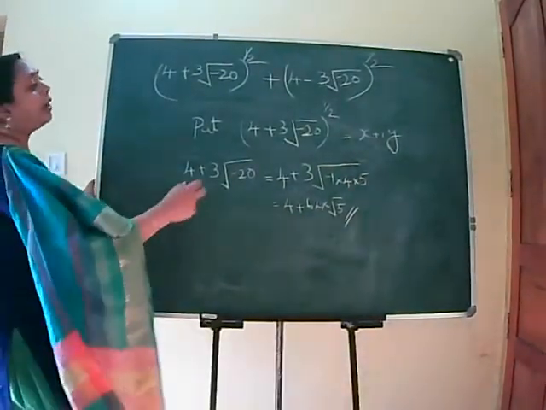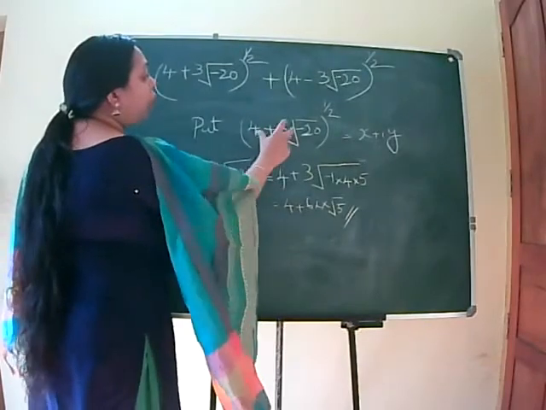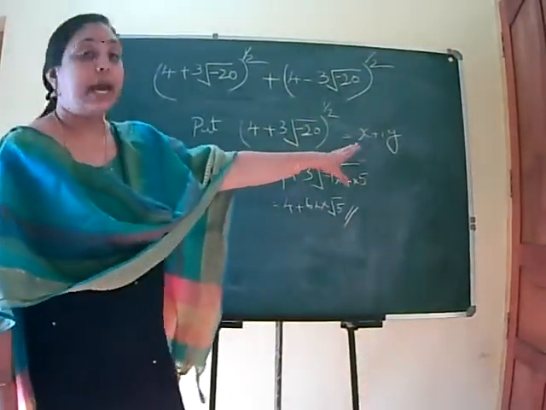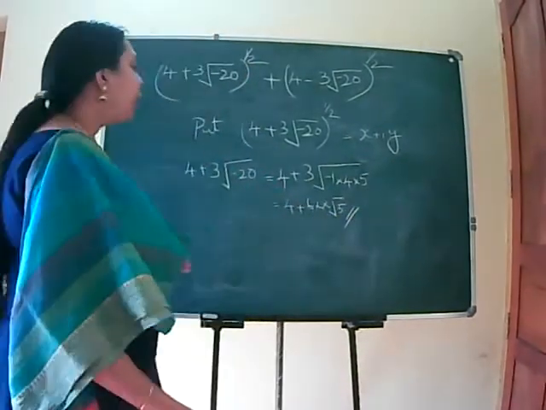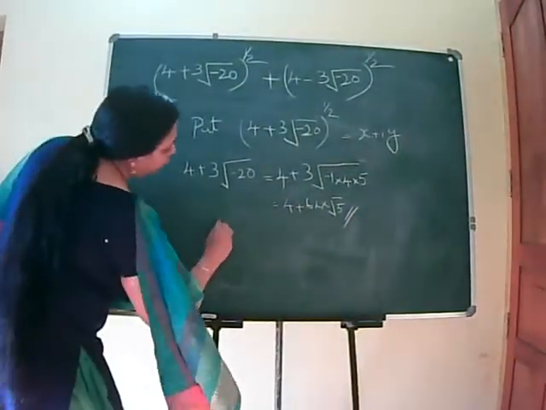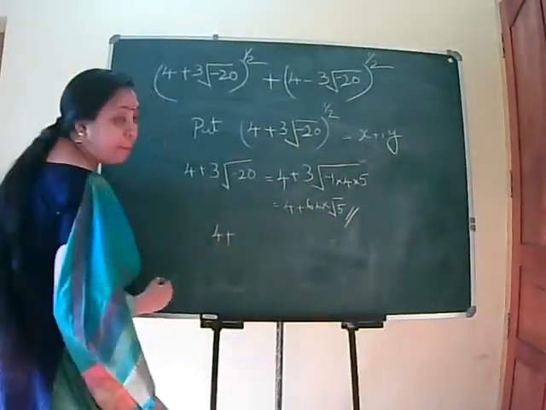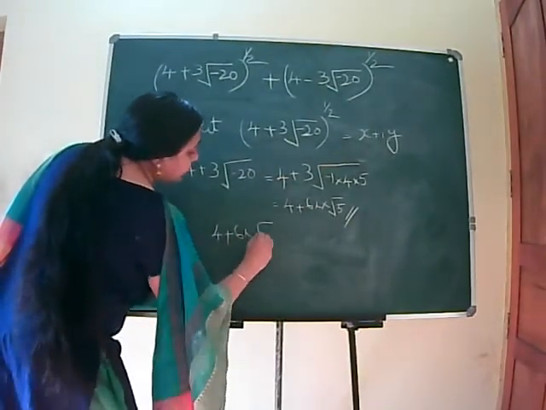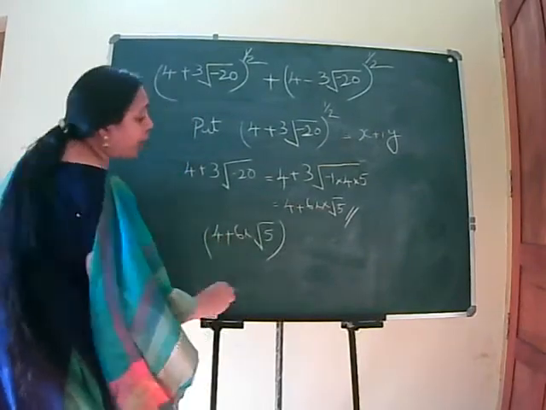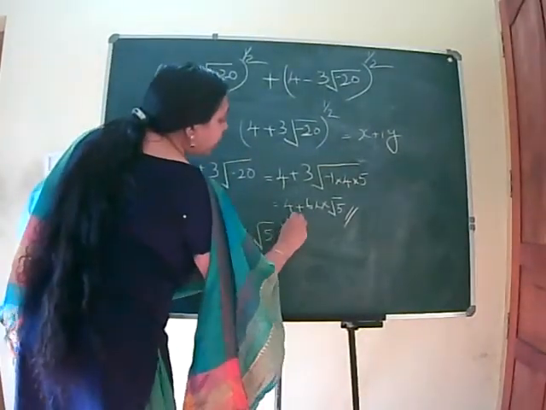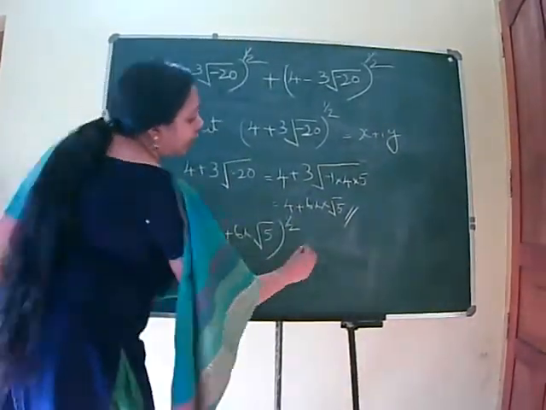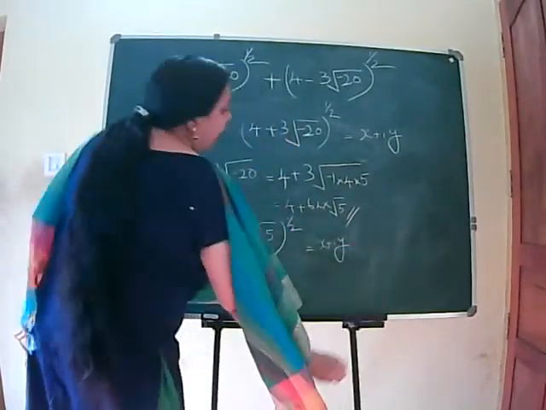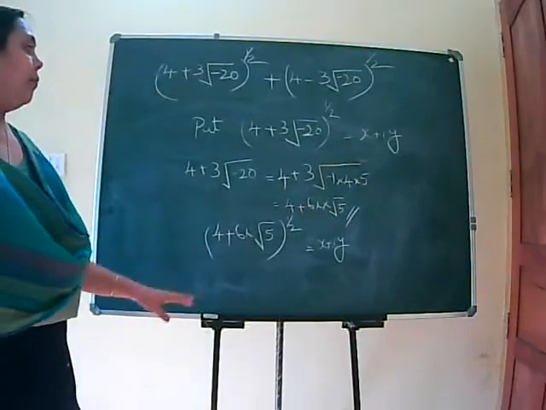Okay. Here, the value of the square root of this expression is x plus iy. That is, 4 plus 6i root 5, the whole raised to half, is x plus iy.